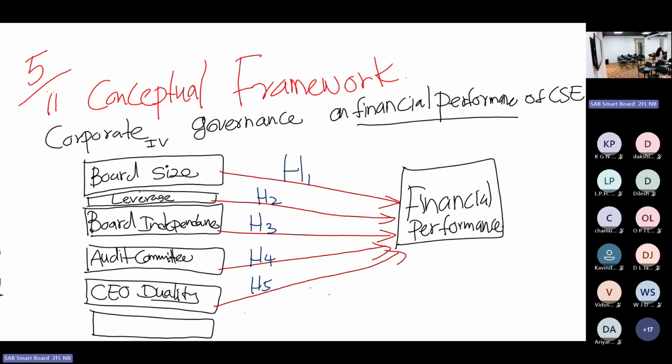Last week we discussed board size on financial performance of listed companies. Let me know, is that significant or not? H1 is board size on financial performance.